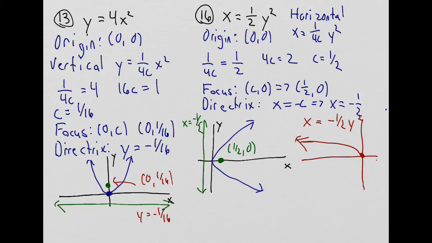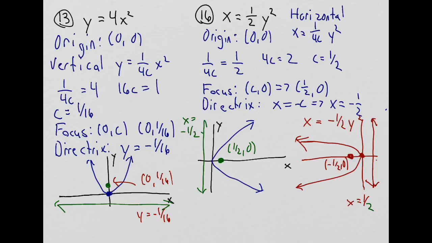My focus would be over here, my directrix would be over here, and the signs would just flip. So now that would be (negative 1/2, 0) for my focus, and my directrix would be x is equal to positive 1/2, instead of the other one over here, where it was x is equal to negative 1/2.